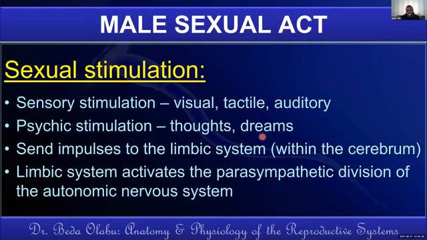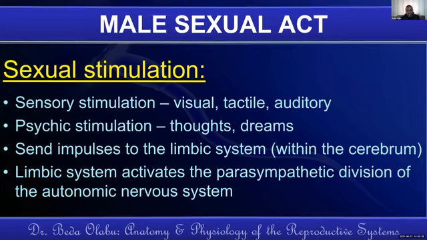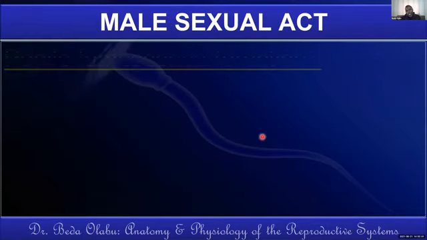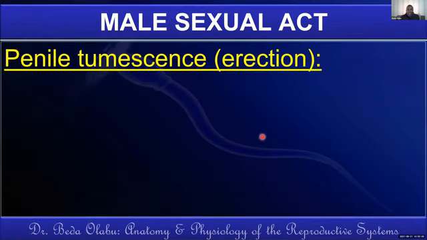Once the parasympathetic division of the autonomic nervous system has been activated in this context of sexual stimulation, the next phase takes place. And what is it? That next phase is the erection phase. A man responds by erecting. Erection is what we are calling penile tumescence.